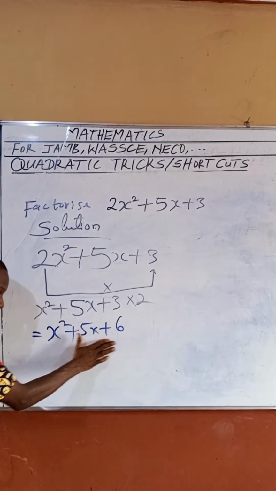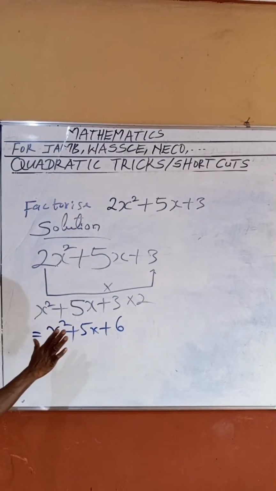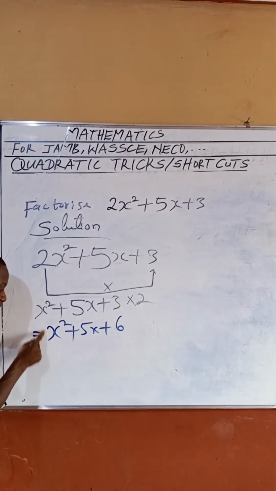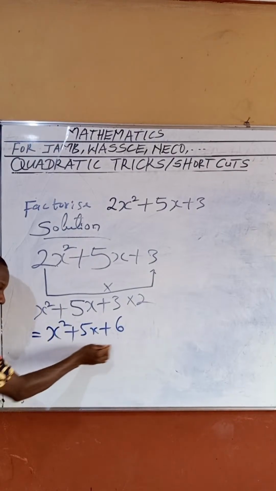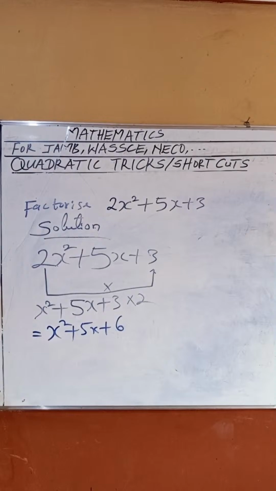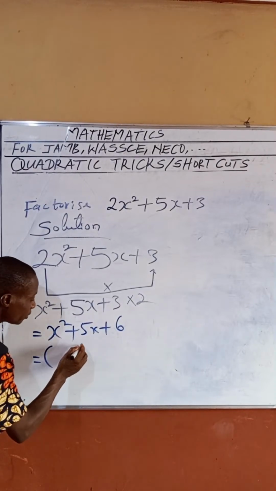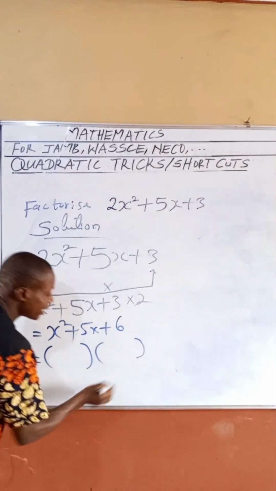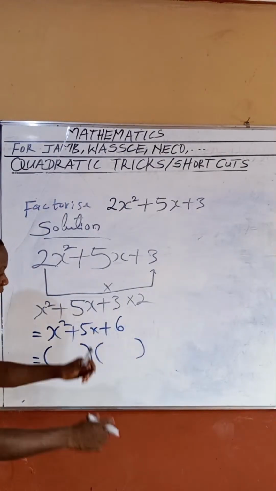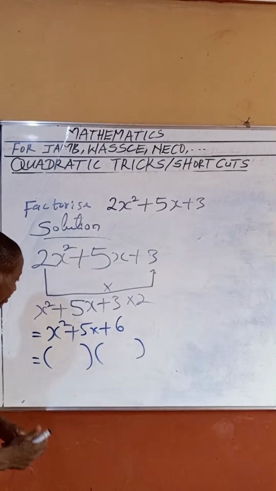Now we are going to factorize it like a normal quadratic equation with the coefficient of x squared still 1. Then later, whatever we got as the answer, we divide by 2. That's what we're going to do.